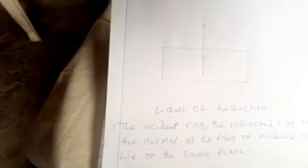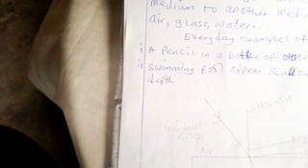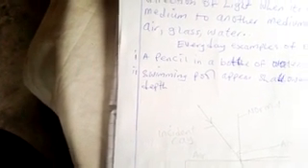The first law of refraction states that the incident ray, the refracted ray, and the normal at the point of incidence all lie on the same plane. They must all begin from the same point. That is the first law of refraction.